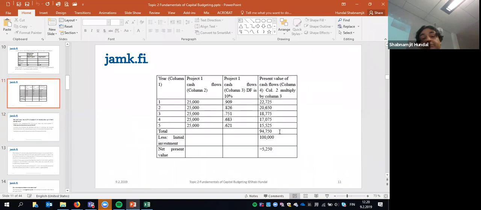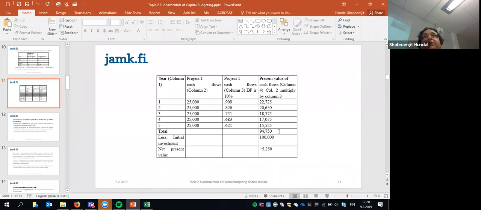So for example, the value of this project is 94,750. And in the same way, you can calculate another project value, and so on and so forth. When you add all of them together, it gives you the total value of the firm. But remember, in this case, I'm not going to invest because it's negative NPV.